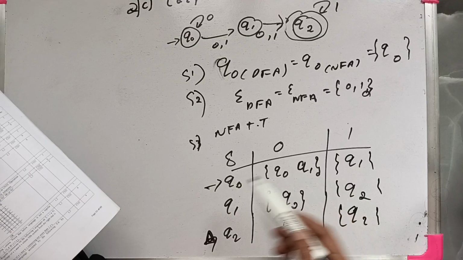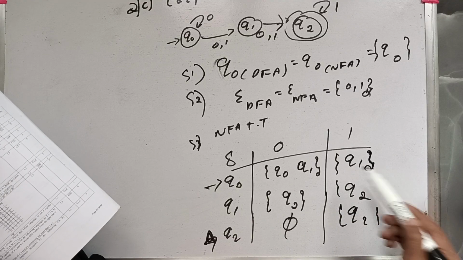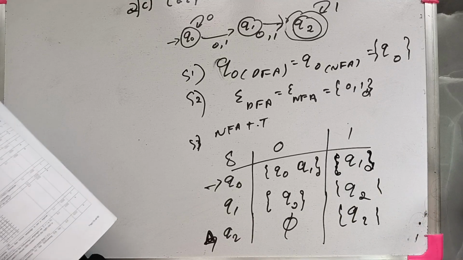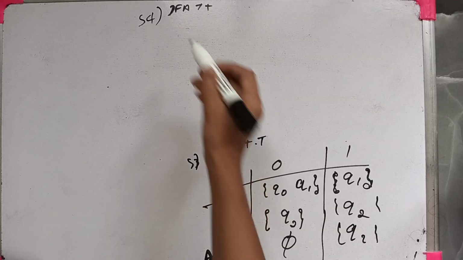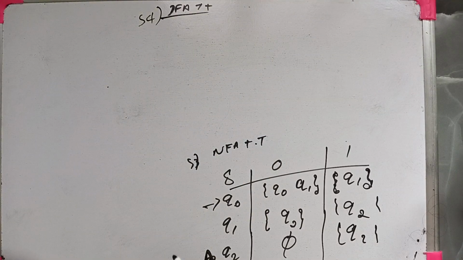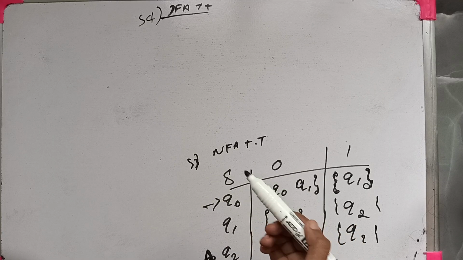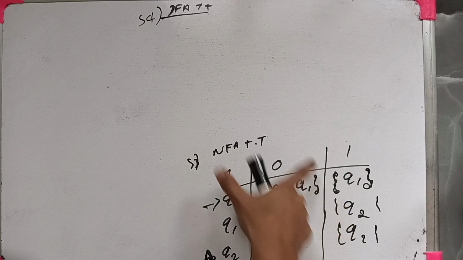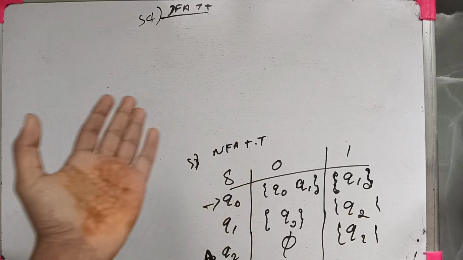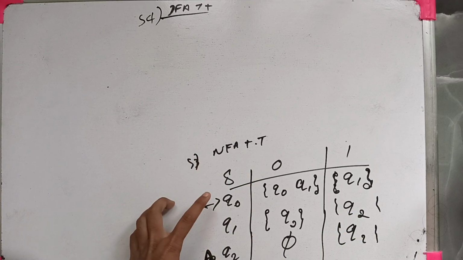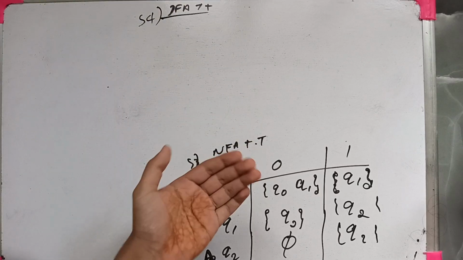In step number 4, we need to write a DFA transition table while watching the NFA transition table. Okay, since it is the lazy evaluation method, we write only the required states, but in the subset construction method, if there are 3 states, then 2 to the power 3, 8 states are required, right?